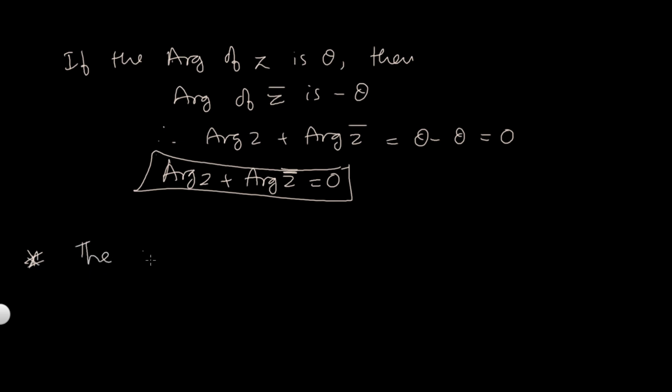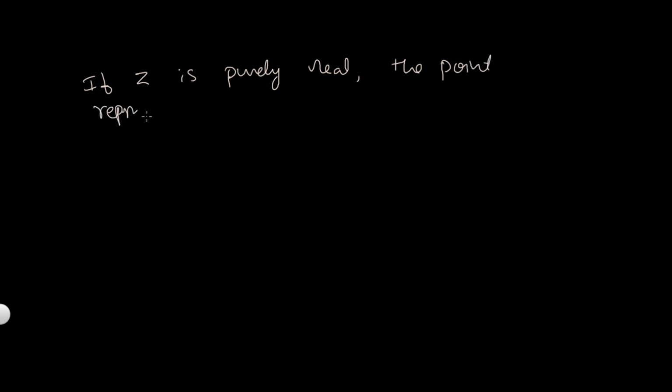If z is purely real, next point, the point represented by z lies on the x-axis, that means x is positive and y equal to 0.